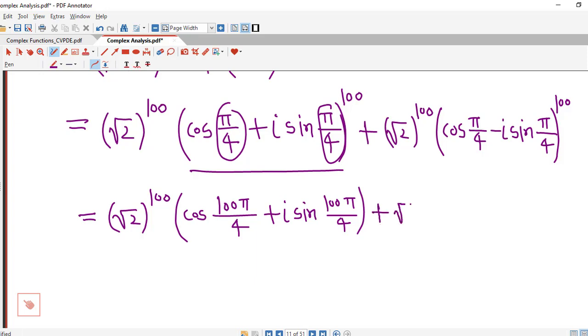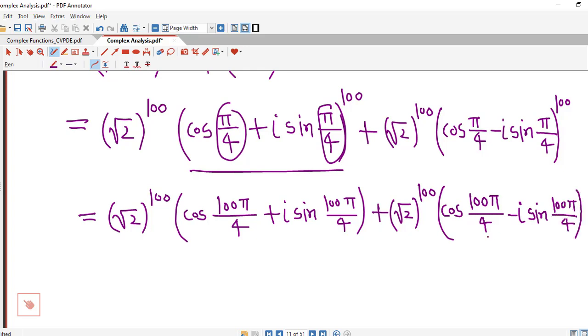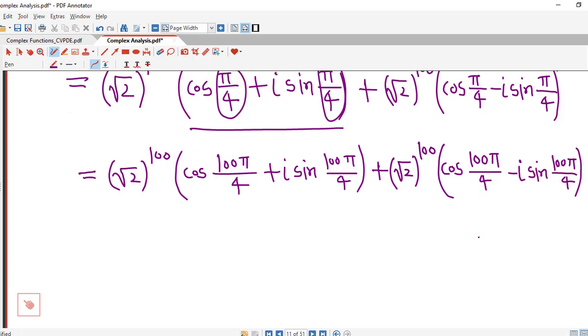Same thing here, this is root 2 raised to 100. Here also we multiply angle π/4 by power 100, that is cos 100π/4 − i sin 100π/4, and 100 divided by 4 is 25. So if you wish you can write cos 25π directly.